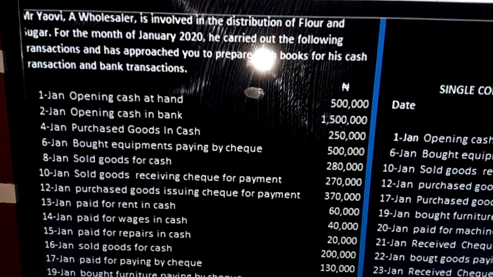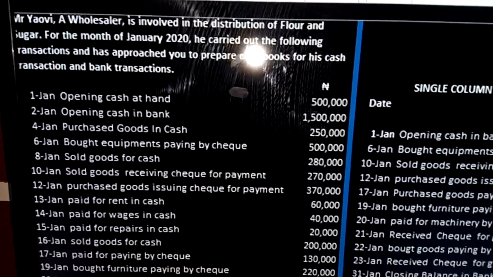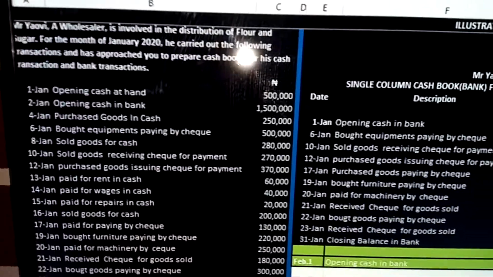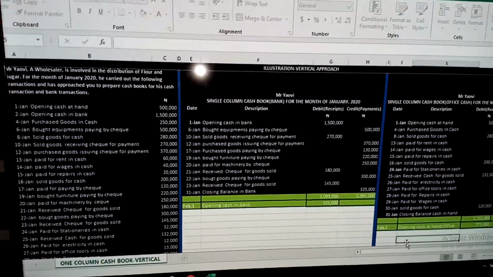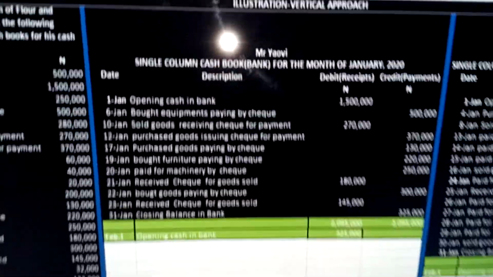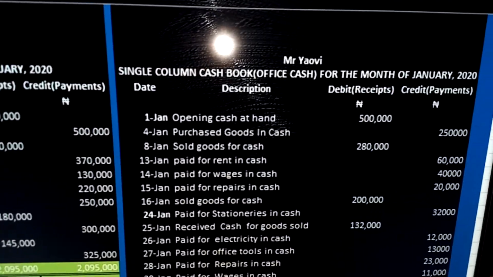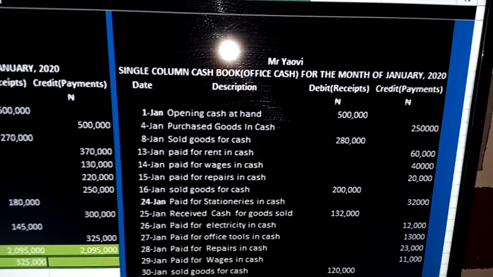All right, now this is an illustration on how to prepare the single column cash book. Remember, I explained to you, in preparing the single column cash book, you are going to record cash transactions for the office separately, and you record transactions that have gone through the bank separately.